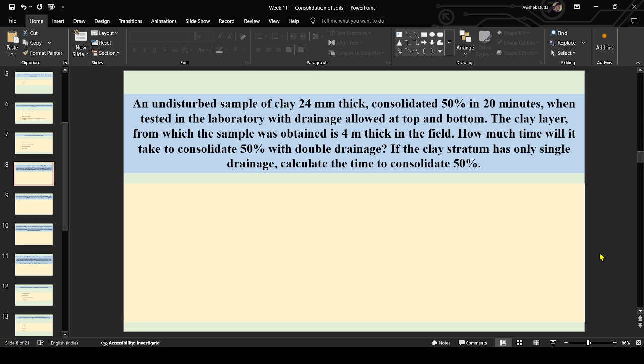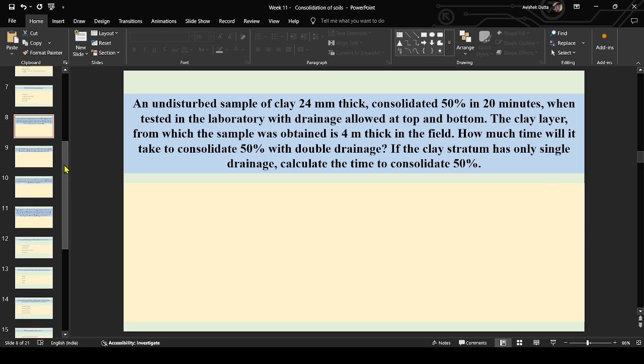The clay layer in the field is 4 meter thick. How much time will it take to consolidate 50 percent with double drainage? If the clay stratum has only single drainage, calculate the time to consolidate 50 percent. Okay, so we'll get two answers. Time for consolidation, both the answer, just convert your answer to days.